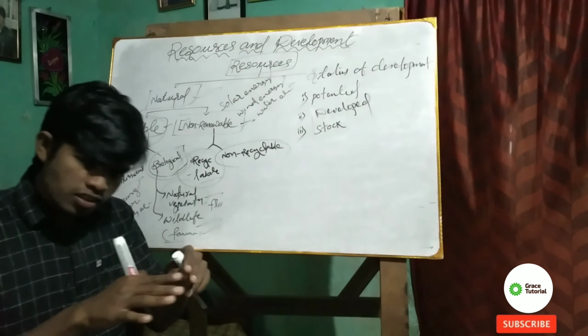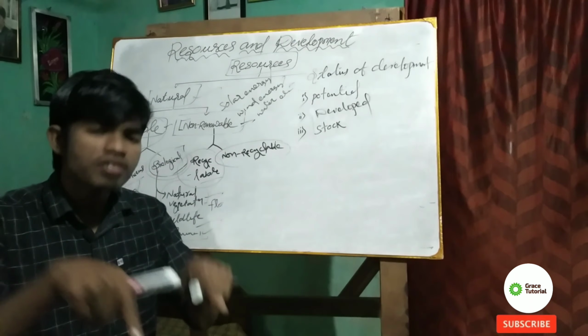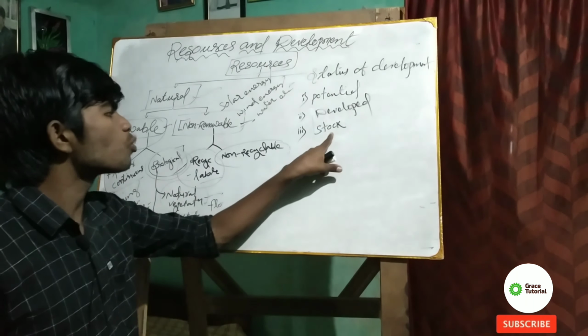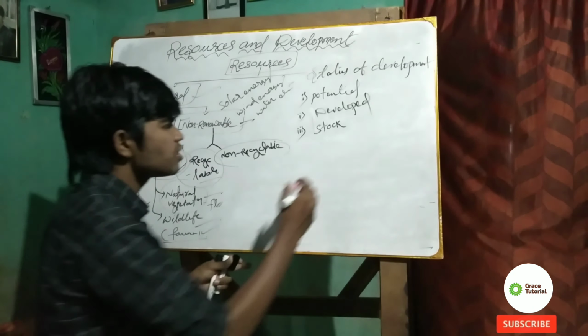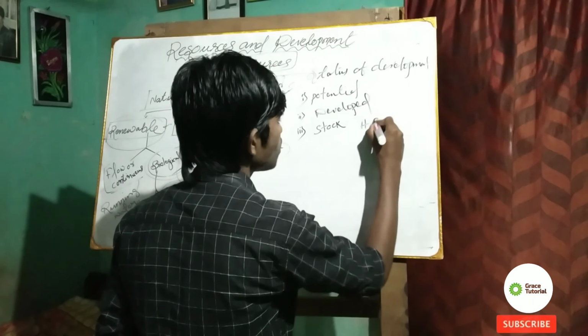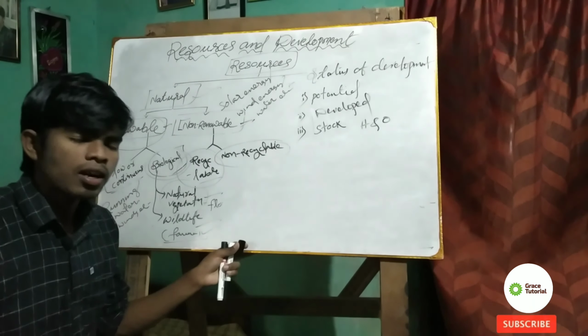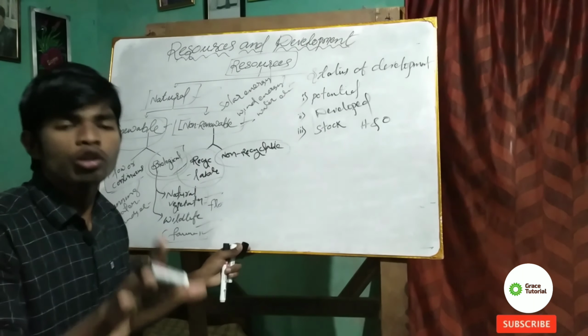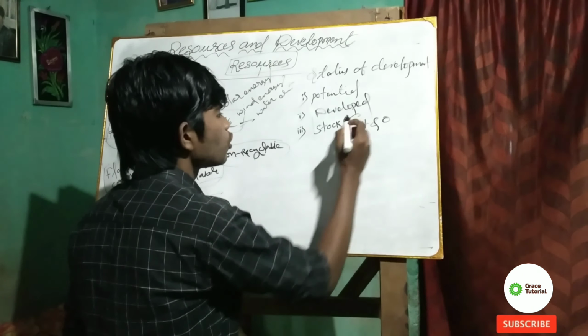That means the resources are there, but we do not have the required knowledge to use them. Those resources are said to be the stock. For example, hydrogen and oxygen are a rich source of energy present in water, but we do not have the required technology to use them, and such resources are called the stock.